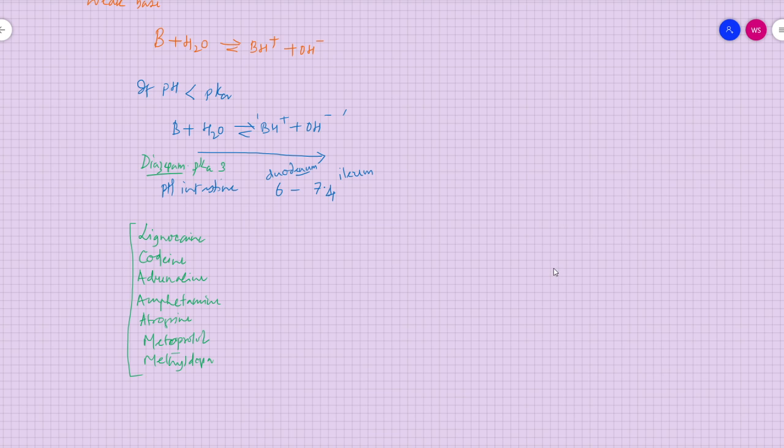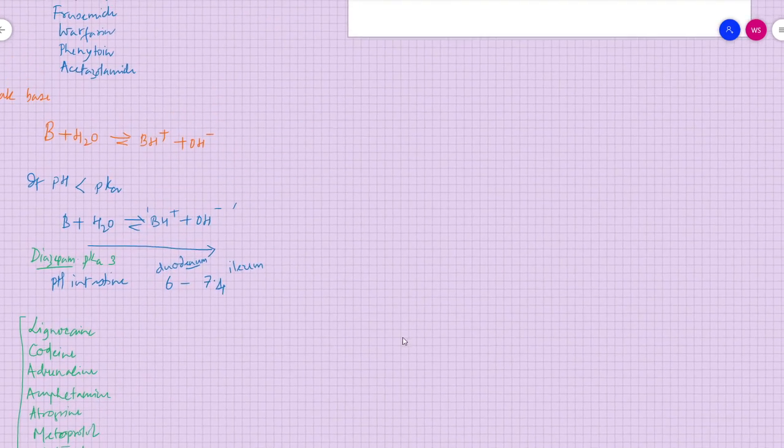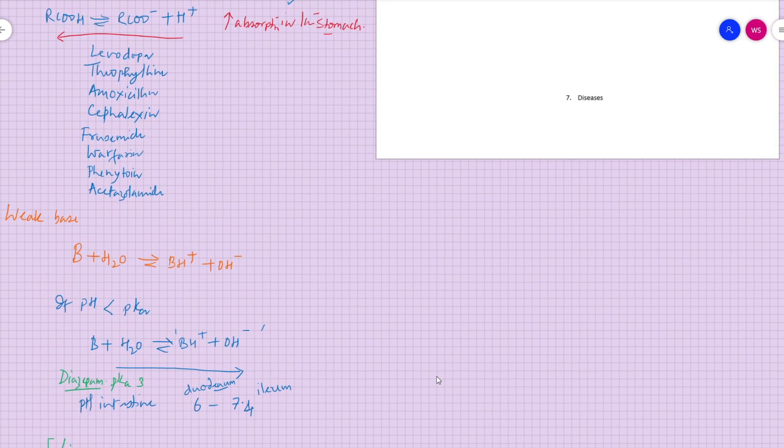Okay. But there is a small caveat that we need to remember. Though what we mentioned about absorption in the stomach is true, we also need to consider the surface area. Now, the surface area of the stomach is about 1 meter square, whereas for the small intestine, the surface area is about 200 meters square.